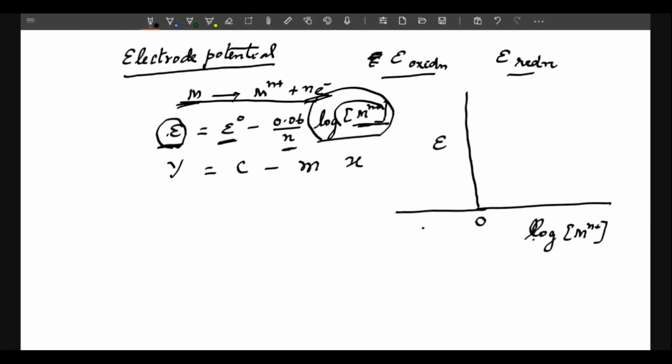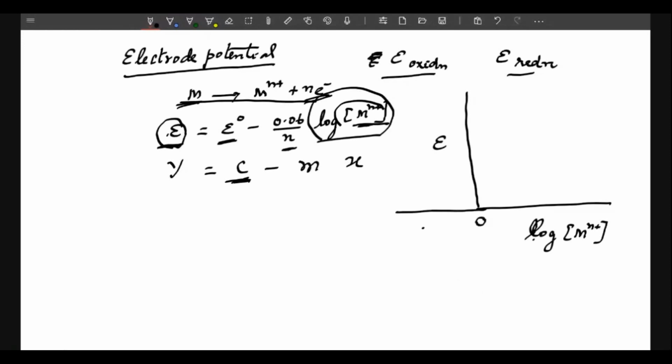Now you plot this one, there is a concept, epsilon 0. Epsilon 0 is nothing but the electrode potential at log of Mn plus equal to 0. When the log of the concentration would be equal to 0, log of 1, that is the concentration of M plus is 1.